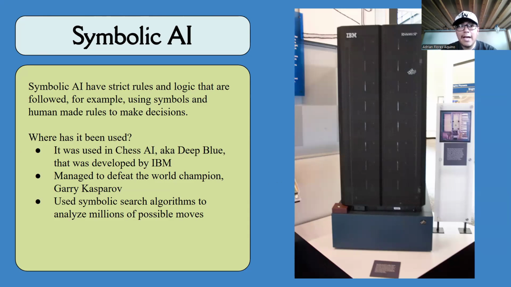In this case, IBM created a chess AI, also known as Deep Blue. It managed to beat the world champion, Garry Kasparov, and it used different types of symbolic search algorithms to analyze millions of possible moves. So that's one cool thing that it could be used for.